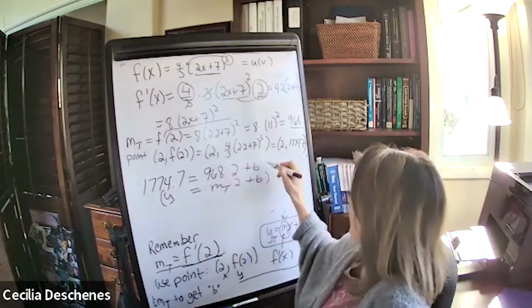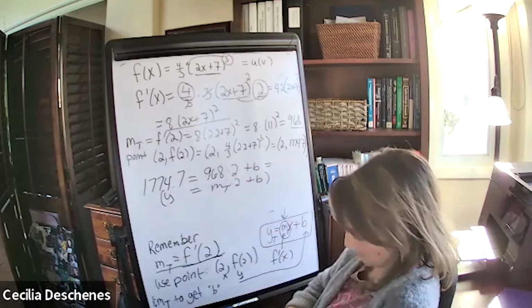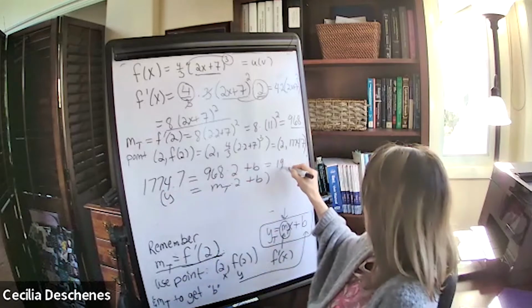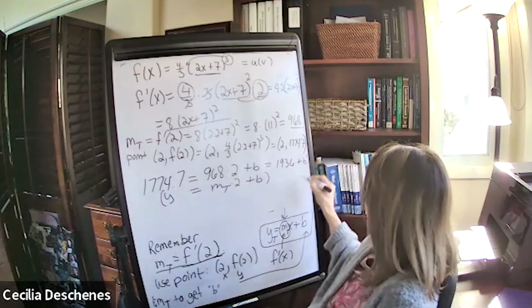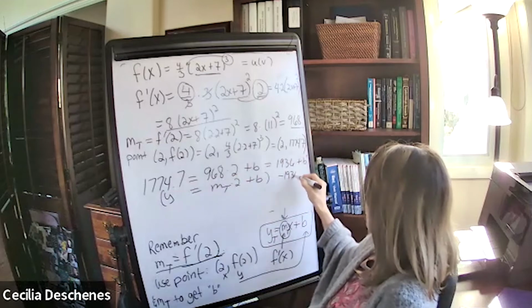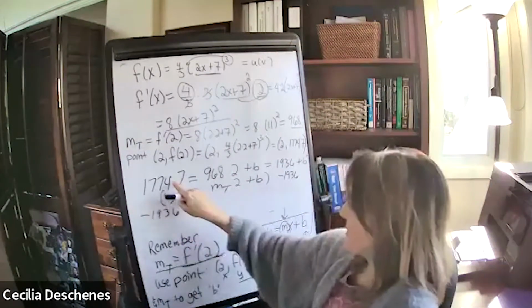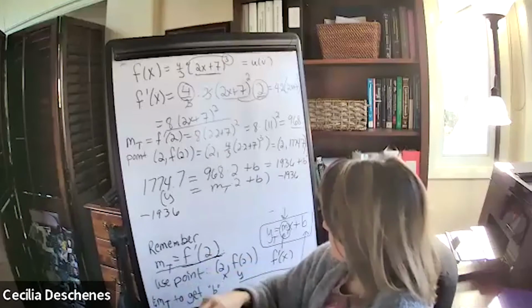So 968 times 2 is 1936. So I'm going to subtract 1936 from both sides, and then simplify.